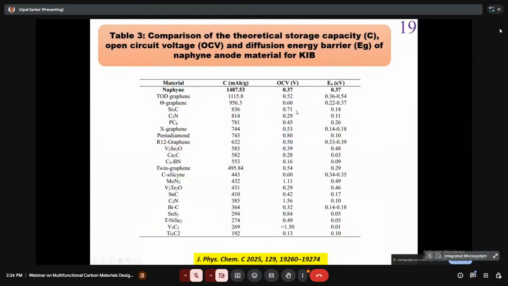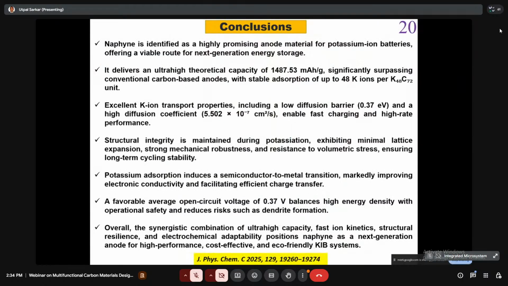You see here the open circuit voltage is moderate, and for the diffusion energy barrier, other materials show 0.48, 0.9, 0.7, some are very low definitely, but ours is in between. So combining all these 3 parameters, you can say that naphthalene is a suitable material for potassium ion batteries.